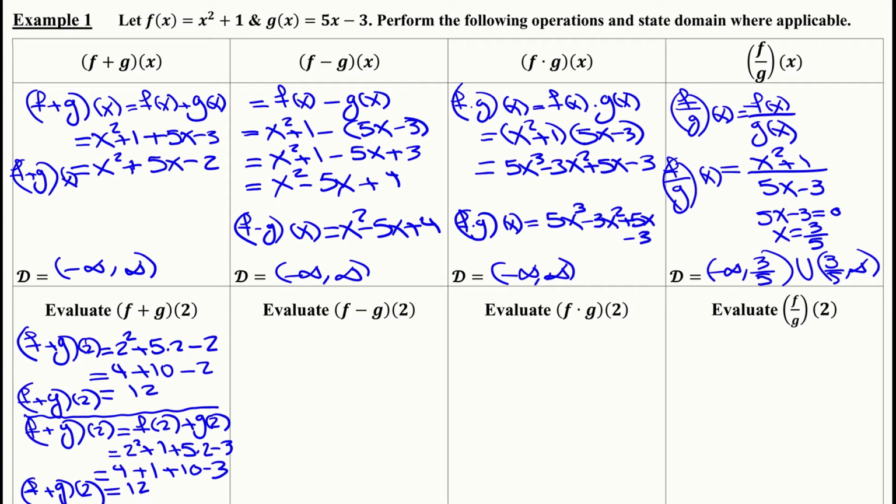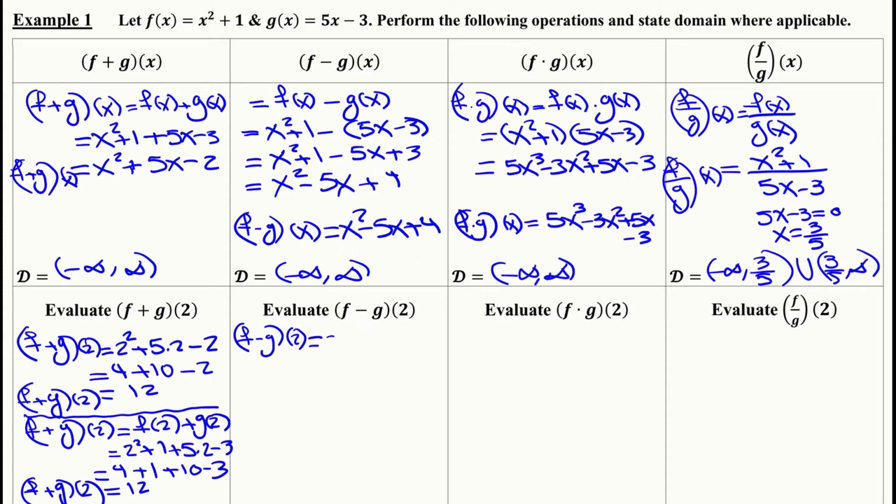All right. So now we're going to handle f minus g of 2. Again, we have already calculated f minus g of x. So we could go ahead and use this fact to calculate f minus g of 2 for the specific input 2. So we would get f minus g of 2 equals, wherever we see x in this expression, we're going to substitute 2.